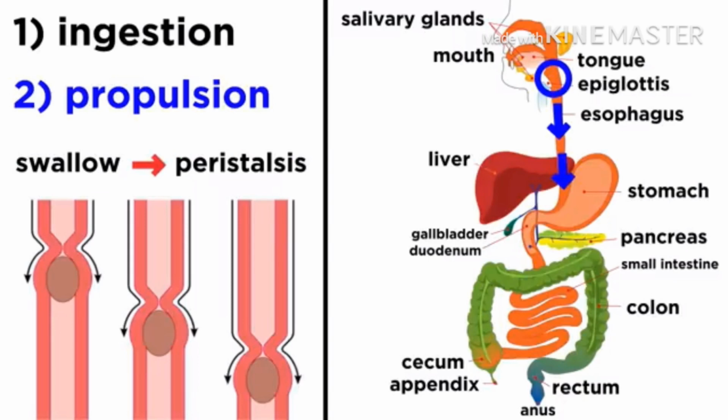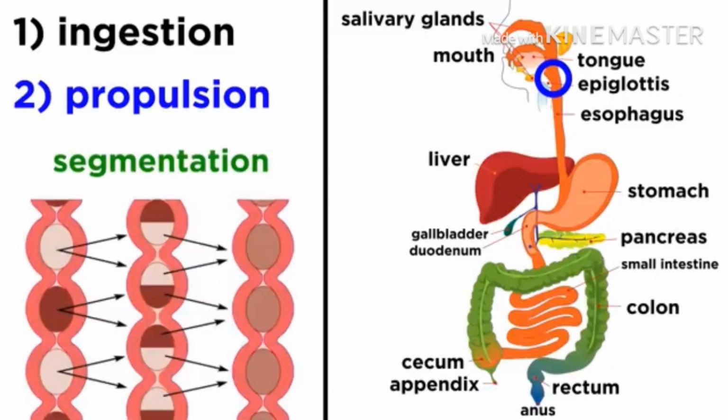These actions push food along the GI tract, down the pharynx and esophagus and into the stomach, eventually continuing through the intestines and out of the anus. This happens with the help of actions called segmentations in the GI tract.